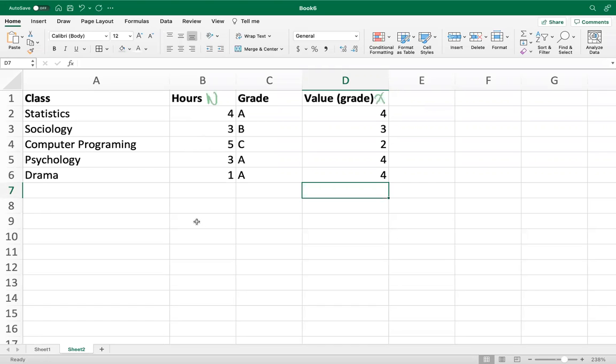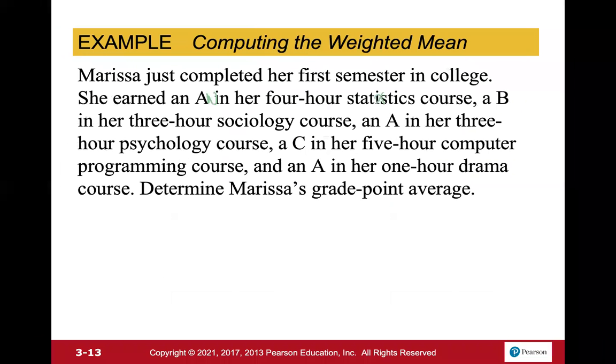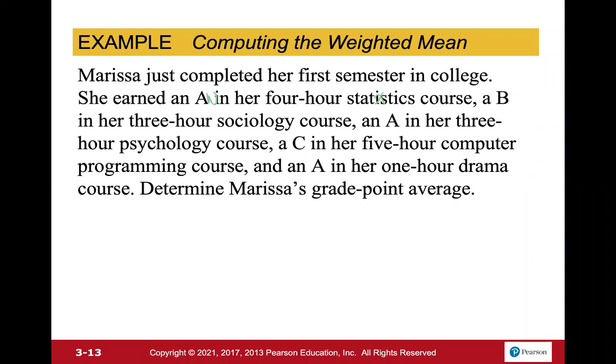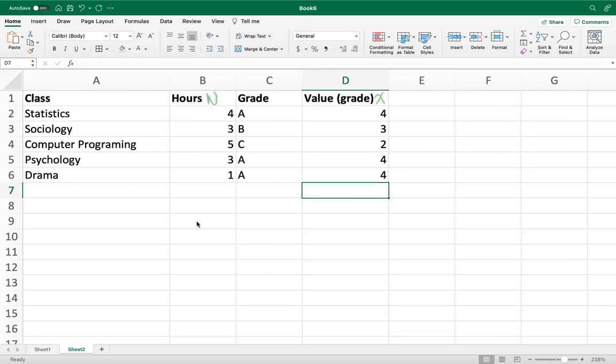Here again, what we're looking for is X bar, equaling the sum of the weights times our value X, and we're dividing that by our weights.